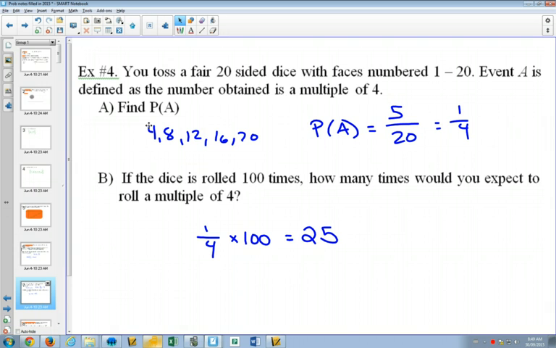theoretically you should get 25, but we're going to be able to figure out what are the chances of getting 20? What are the chances of getting exactly 23? We can figure that out, and we're going to develop the mathematics that if we were to do an experiment, what are the chances of getting certain things?